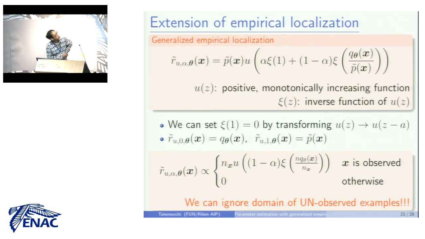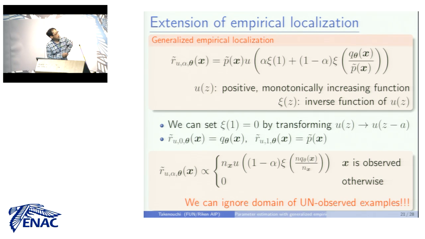Actually, we can set xi of 1 to 0 by considering a variable transformation like this.